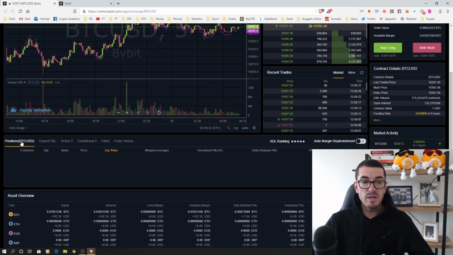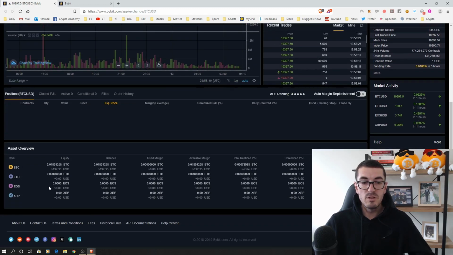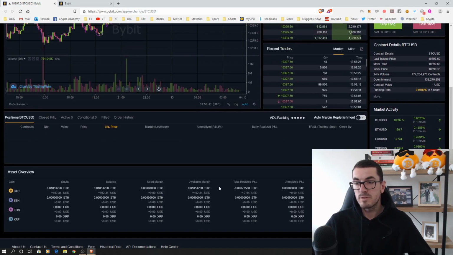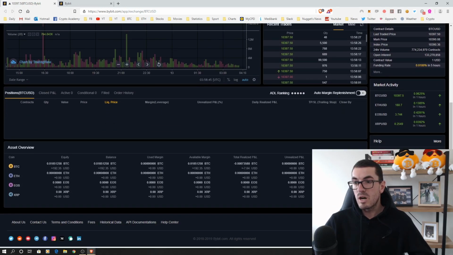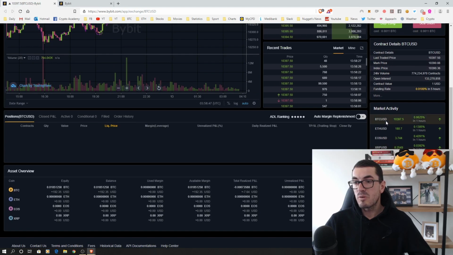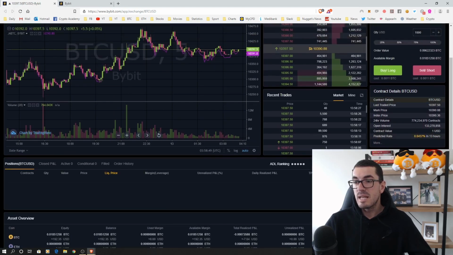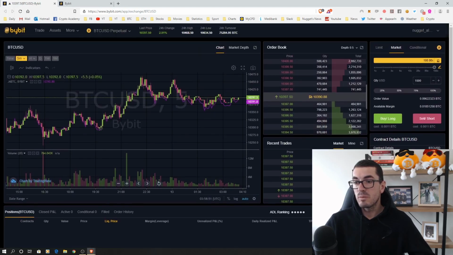So down the bottom here, we've got our current positions, which we don't have any of, and then our different assets overview down the bottom for quick reference. Over here, we've got a little help guide. We've got the market activity, the different prices of the different assets, and then the contract details for whatever we want to trade, but don't worry about that too much.